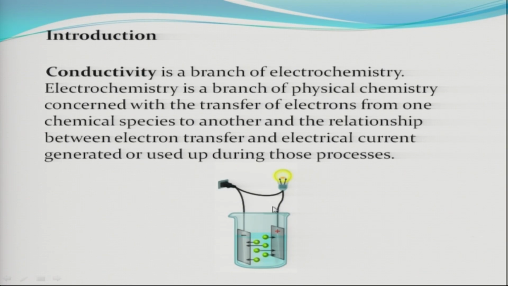As you see in our illustration here, we have electricity passing through a solution, and we also have electrodes. You observe this solution can conduct electricity, and the bulb will continue lighting.